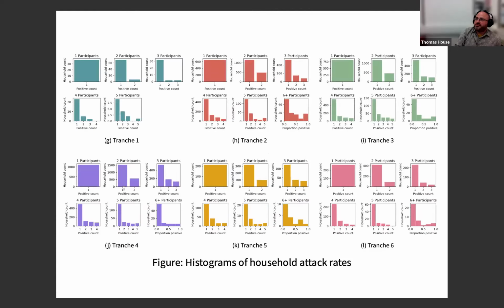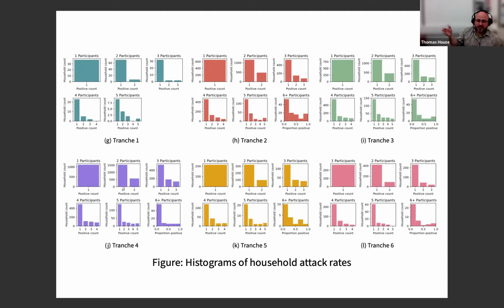So you see there are the 1 participants here. These histograms are telling you what is the count of positives in the household during the tranche, right? So during the tranche, we take the end of that and we say, right, looking back over this 2 months or 3 months or 1 month when there's high prevalence, so we get power quickly, how much of the household was infected.